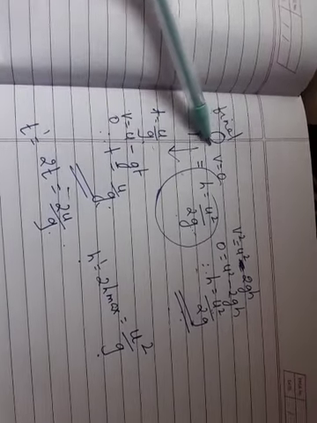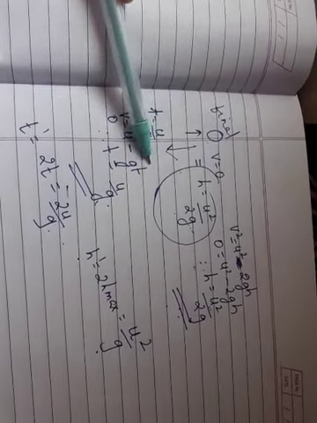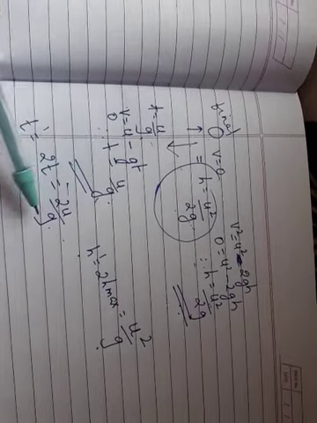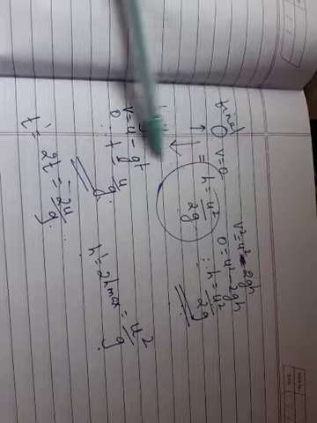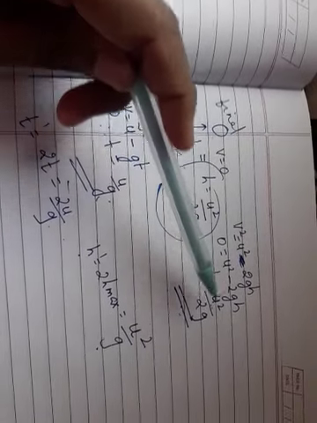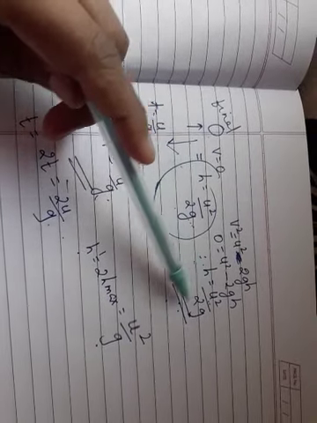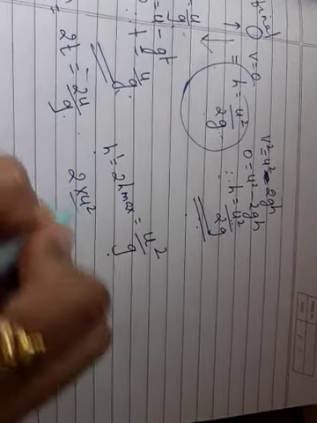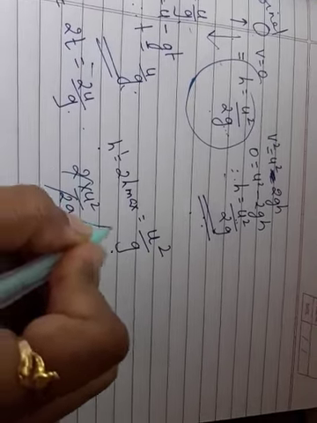Now when it is going up and coming down, it is twice of u by g, which is 2u by g. Then in the same way the total height is twice of u square upon 2g. So 2 cancels, and the answer comes as u square by g.